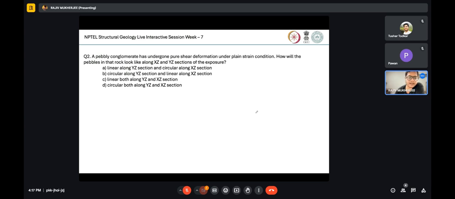Option B, circular along YZ section and linear along XZ section. Option C, both linear along YZ and XZ section. Option D, both circular along YZ and XZ section. So these are the four options. I will let you think for a moment and then we can solve this question.